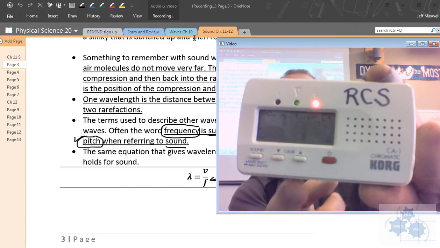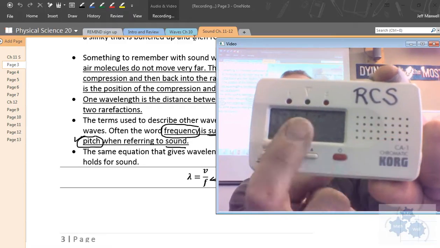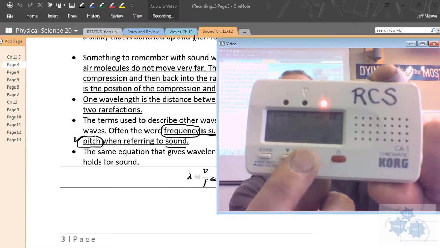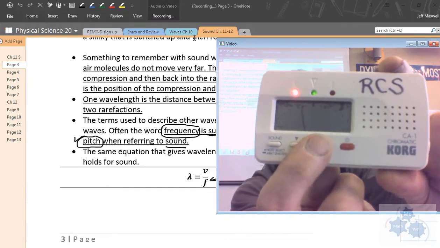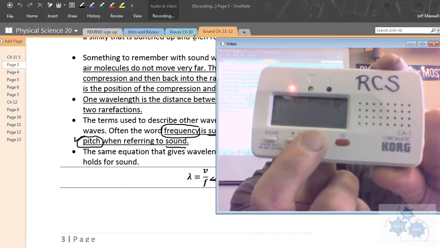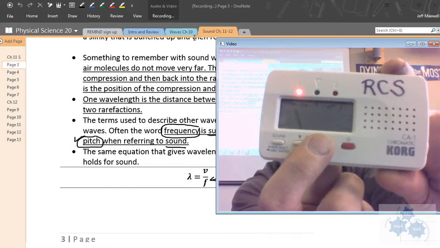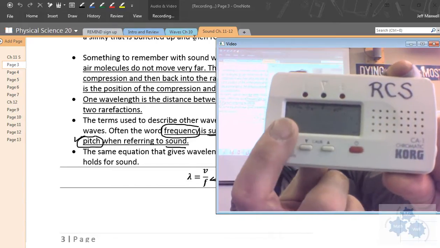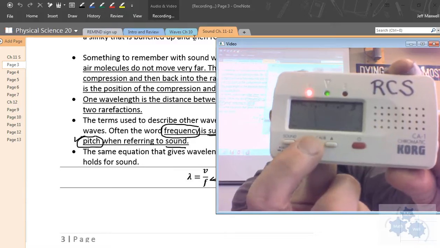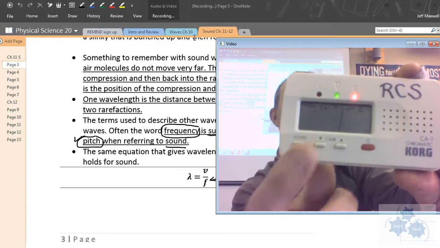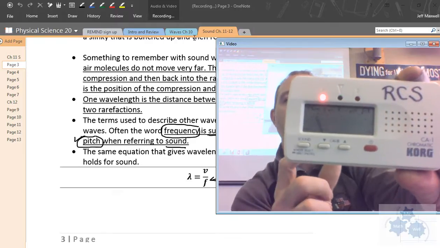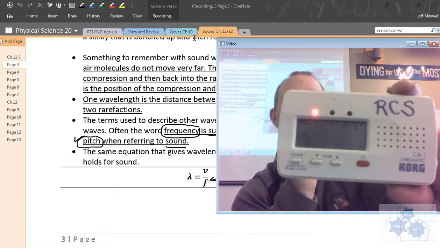On every tuner like this, you'll see that number up there, and you can actually change it to 442, 443. If this accidentally gets bumped while you're tuning a guitar, you'll be out of tune from the rest of the instruments. So 440 is the standard tuning, based on the A note being exactly 440 hertz.